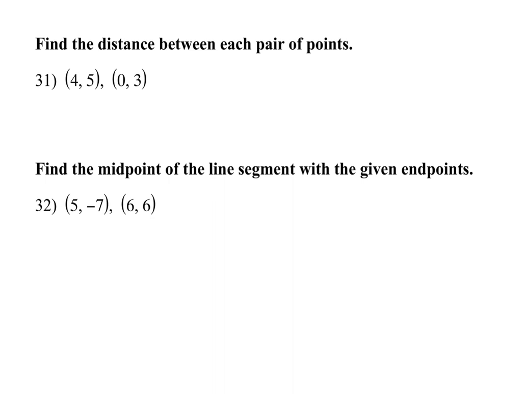For distance and midpoint, you want to remember your formulas. Remember the distance formula. You're going to subtract your x's and square it. Add that to what happens when you subtract your y's and square it, and then take the square root.